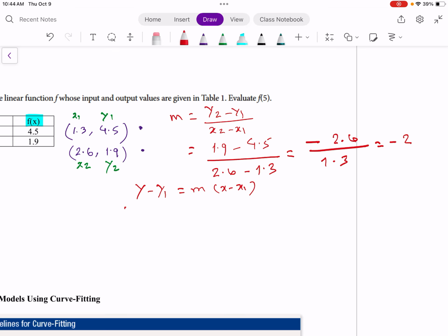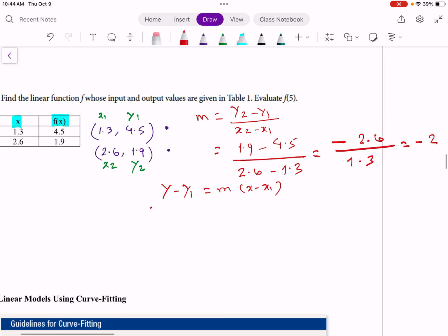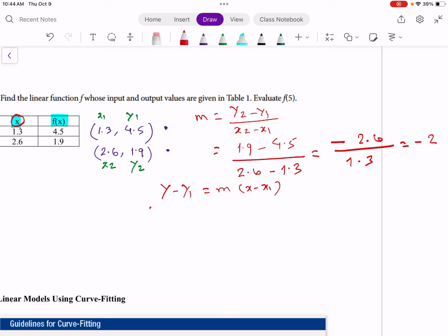So what is our output in this table? f of x. Okay, your x is the input and f of x is the output. So let's replace our y by f of x. That's our output. Minus y1, that is 4.5, equals m, which is negative 2. Our input is x, so we have x as it is, minus x1, that is 1.3.